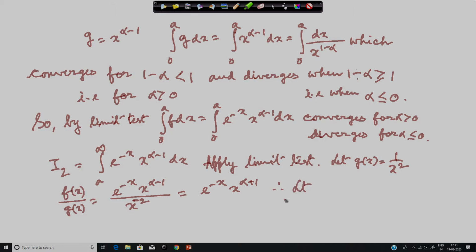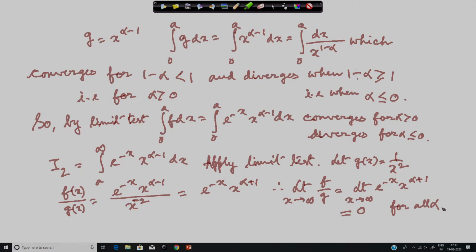Now we have to apply the limit as x tends to infinity. So, the limit of f by g is the limit as x tends to infinity of e to the power minus x, x to the power alpha plus 1, and it can be proved that this limit is 0 for all values of alpha.